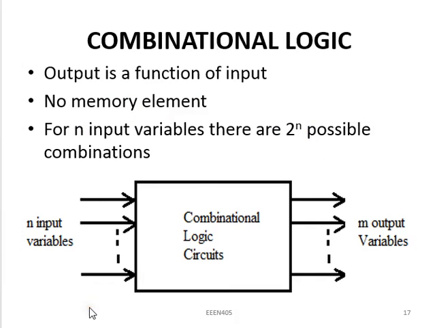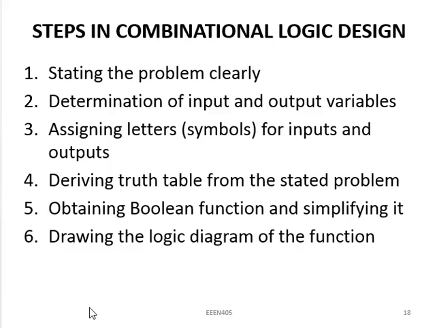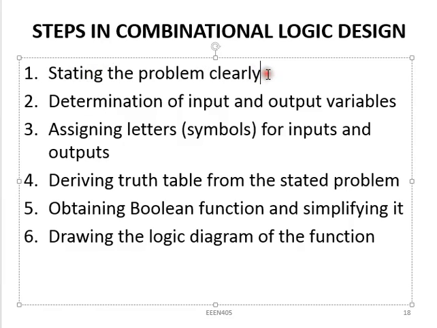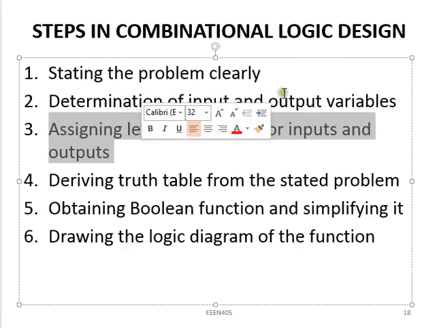So having seen this, we are now going to look at the steps you should follow if you want to design a combinational logic. Step number 1 is to state clearly the problem you want to solve. Number 2 is to determine from that stated problem what your input and output variables are. Step number 3 is to assign letters or symbols to the inputs and outputs you have determined in step 2.